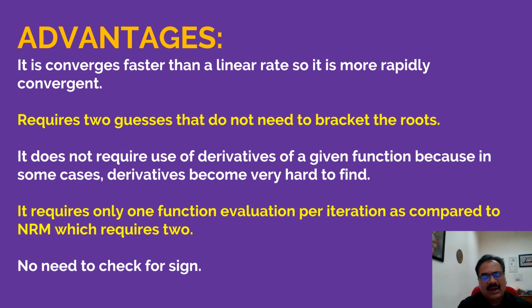You know, there are many functions where the derivative is tough also. So it requires only one function evaluation per iteration as compared to Newton-Raphson method, which requires two functions. No need to check for sign here.